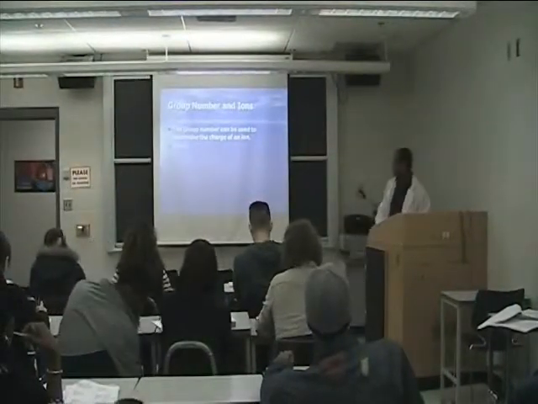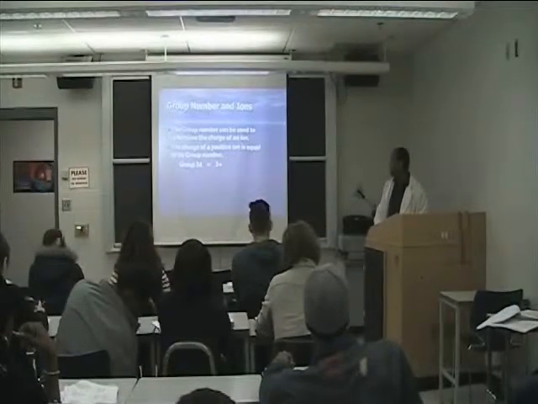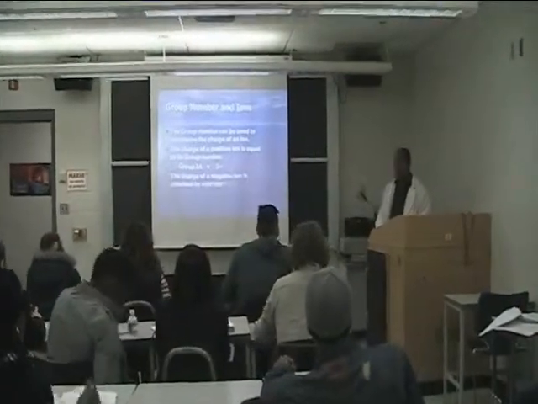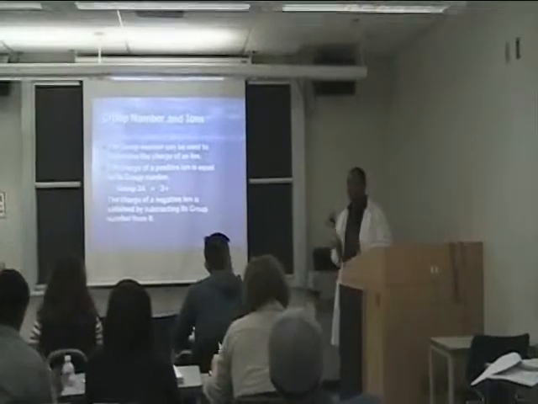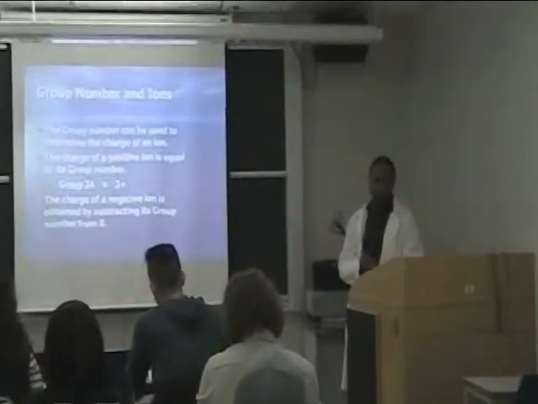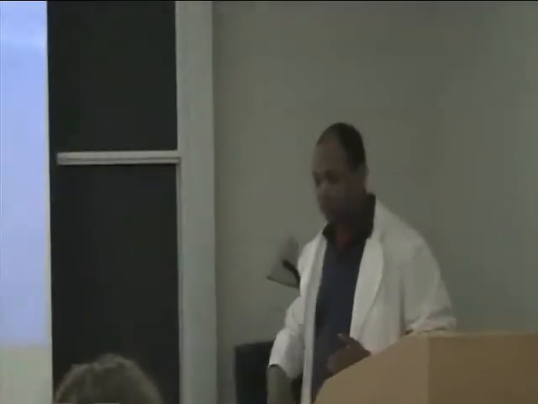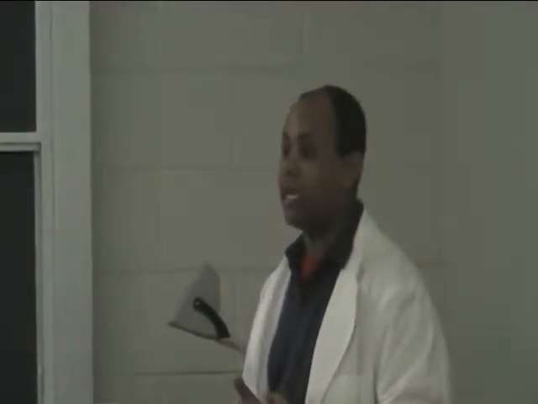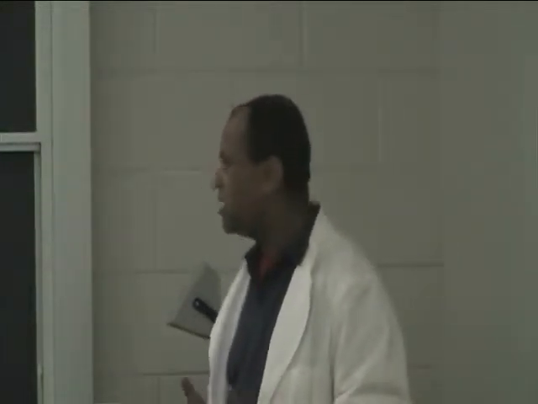We discussed group numbers and ions, especially the main groups of elements. What we said was that for main group elements, the valence electrons can be an easy way to predict in which group an element is located.